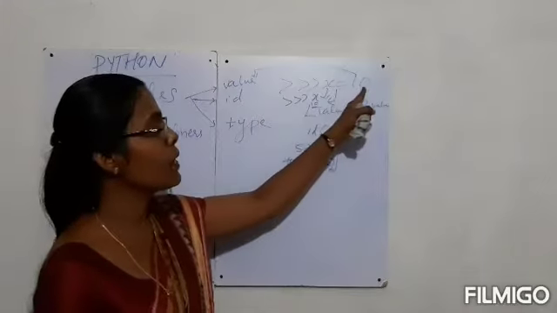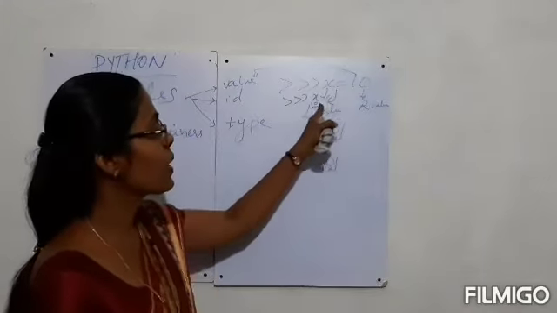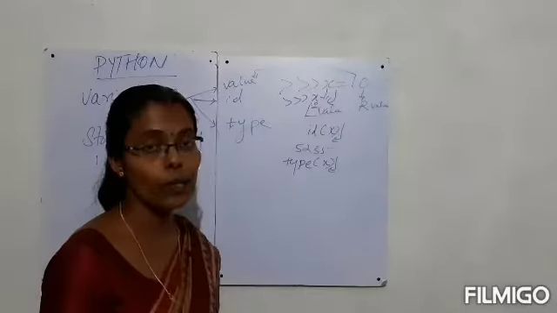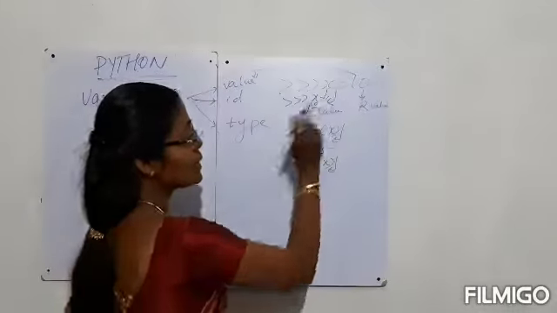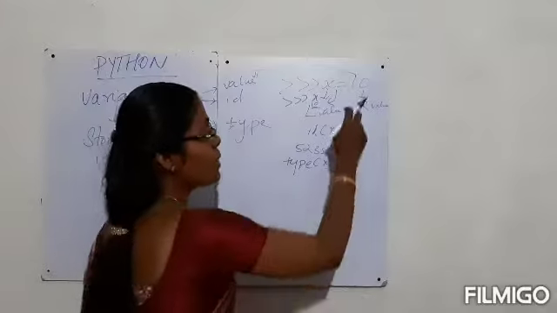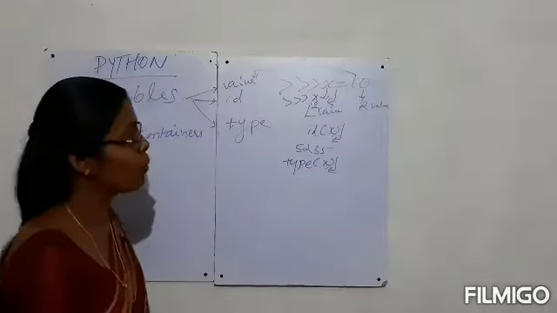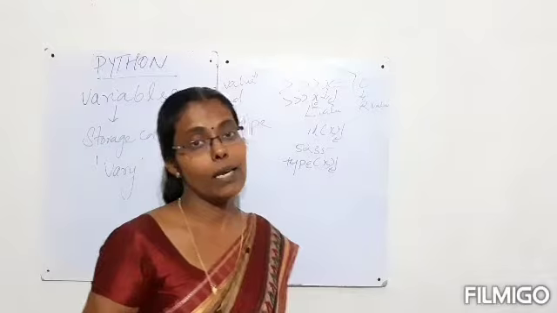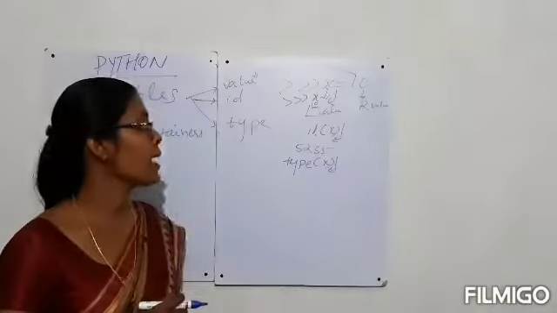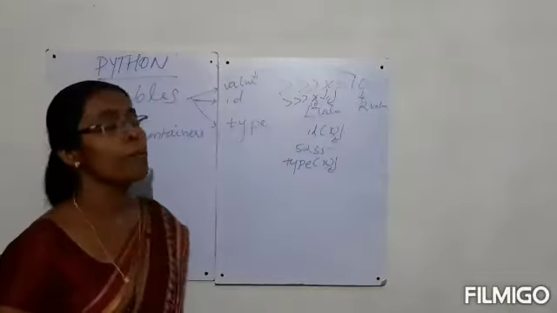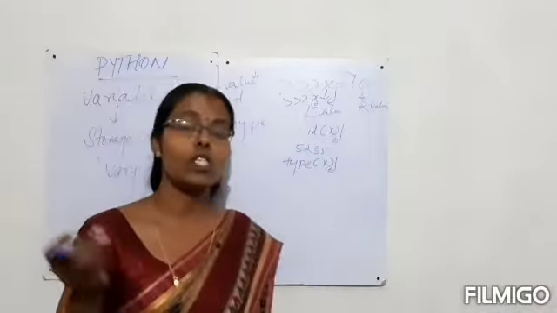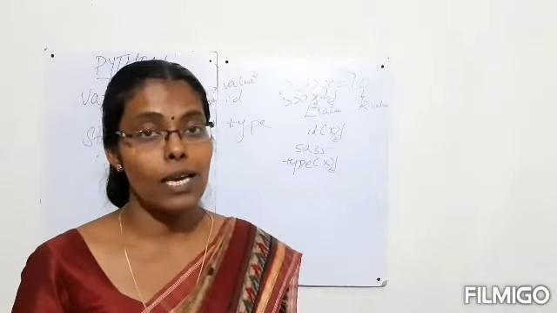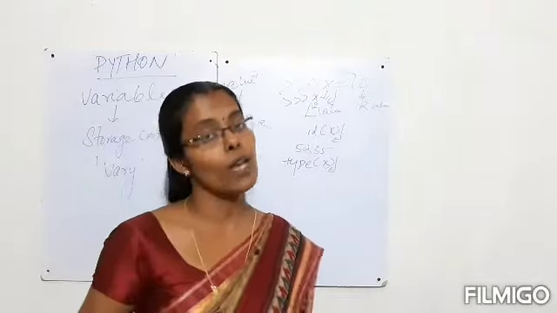Whenever we are retrieving, just name the variable and we can retrieve the value. The left part is called L value and the right part is called R value. ID means the memory location of the variable, type means data type, and value is what we are storing in the variable. These are the things about variables.